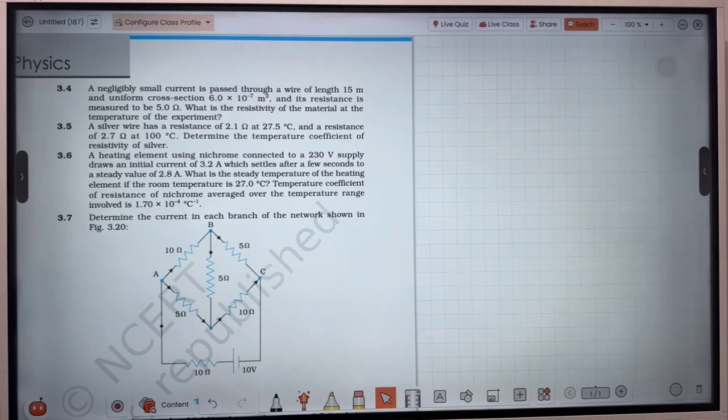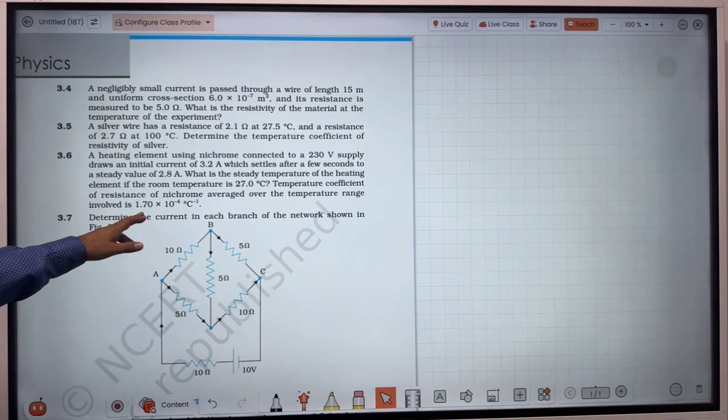Now, the next question is, a heating element using nichrome connected to a 230 volt supply draws an initial current of 3.2 ampere, which settles after a few seconds to a steady value of 2.8 ampere. What is the steady temperature, if room temperature is 27 degrees centigrade and the resistance coefficient is 1.7?